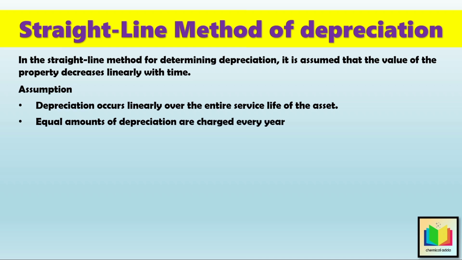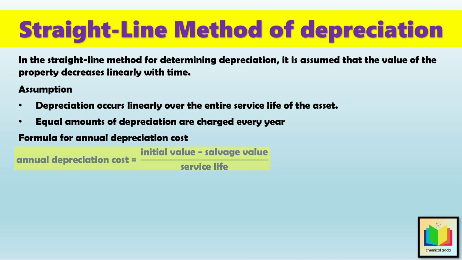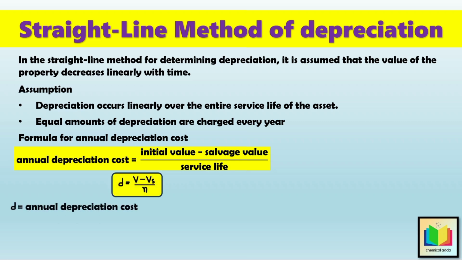Now let us see the formula for annual depreciation cost. According to the straight line method, annual depreciation is equal to initial value minus salvage value divided by service life, which can be written as D = (V - Vs) / N, where D represents annual depreciation cost in dollars per year.